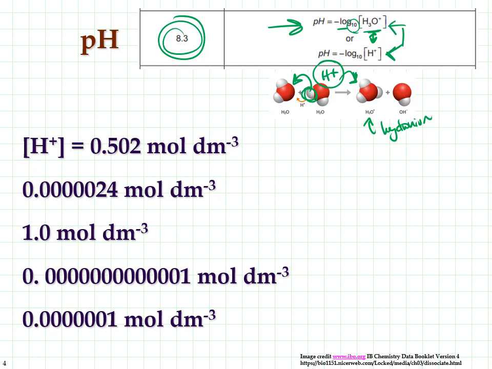We're going to take that concentration, find the common log, or log base 10, of that number, and that's our pH after we make it negative. So the negative log base 10 of the hydronium ion or hydrogen ion concentration is pH.